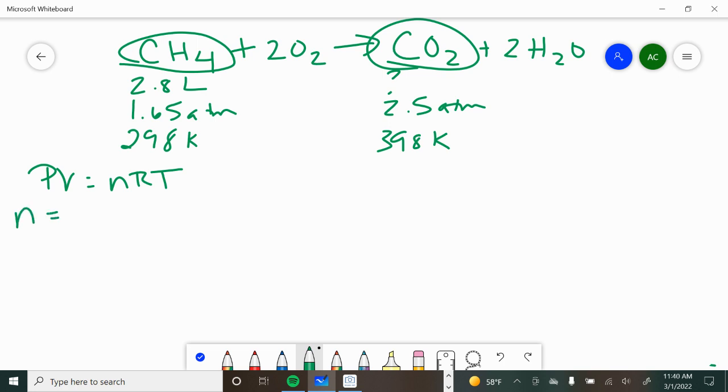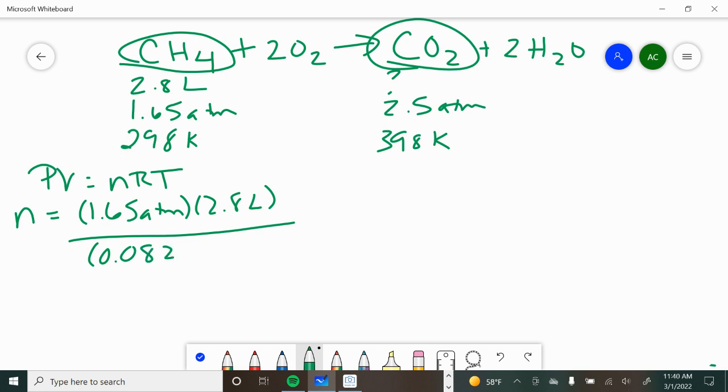So my number of moles is going to be equal to my pressure, 1.65 atmospheres, times my volume, 2.8 liters, divided by my gas constant times my temperature. I just rearranged that equation before I plugged in.